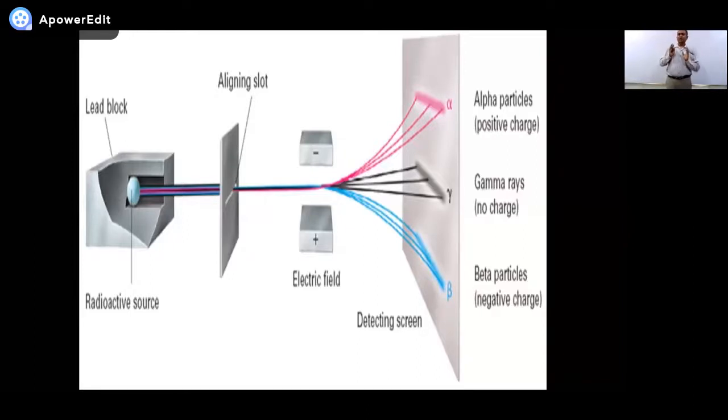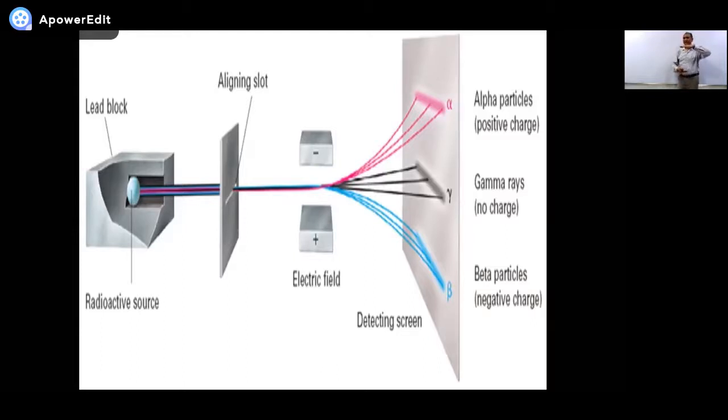So, when such rays are allowed to pass through an electric field, what do we mean by electric field? Suppose the rays are coming like this. Then here they have put a positive plate, and here a negative plate, as you can see on the screen.